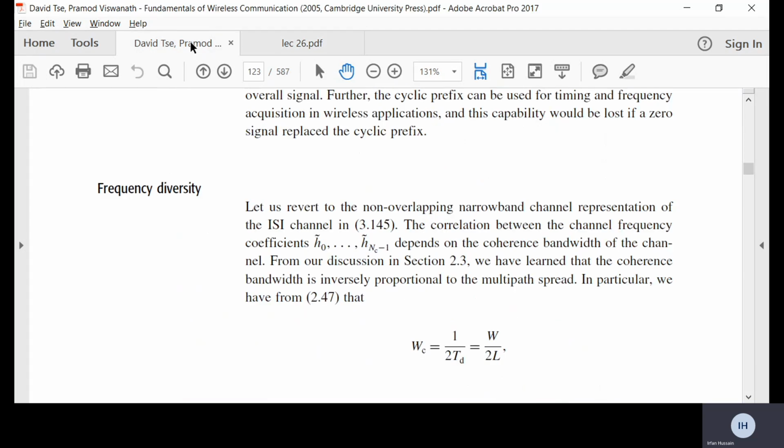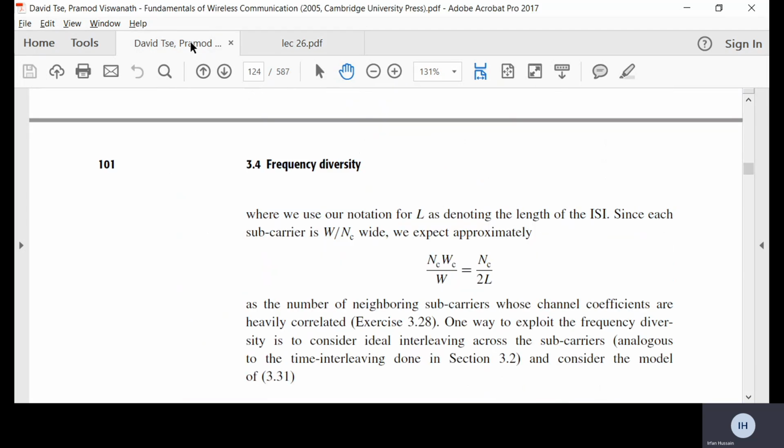These are highly correlated, so what we could do is use interleaving across subcarriers. We use those subcarriers which are not in the correlating range.